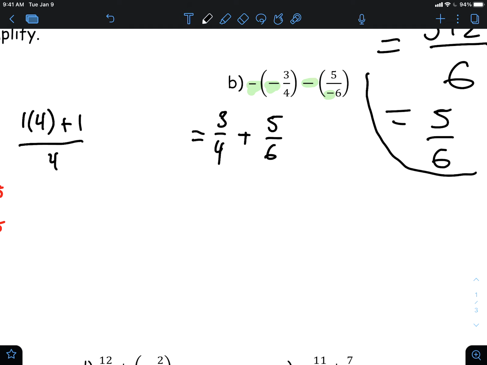Okay, and then to get the lowest common denominator, we could just multiply 4 by 6, but there's actually a smaller one that we can have. So can anyone tell me what the lowest common denominator is? Yep. 12. Yeah, exactly. 12. If you multiply 4 by 3, you get 12. If you multiply 6 by 2, you get 12.